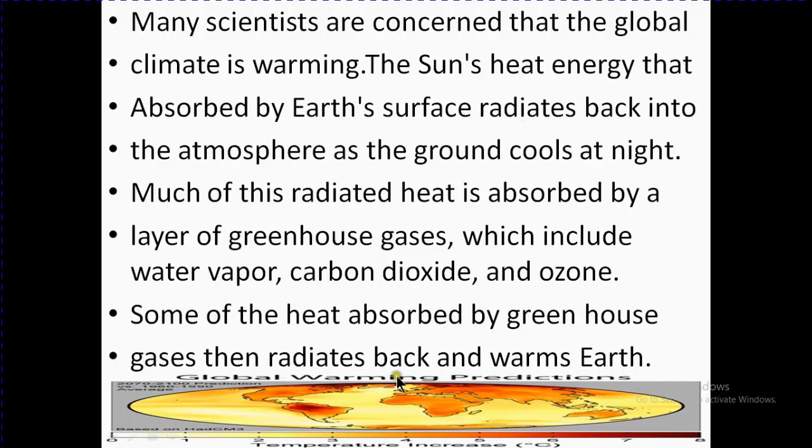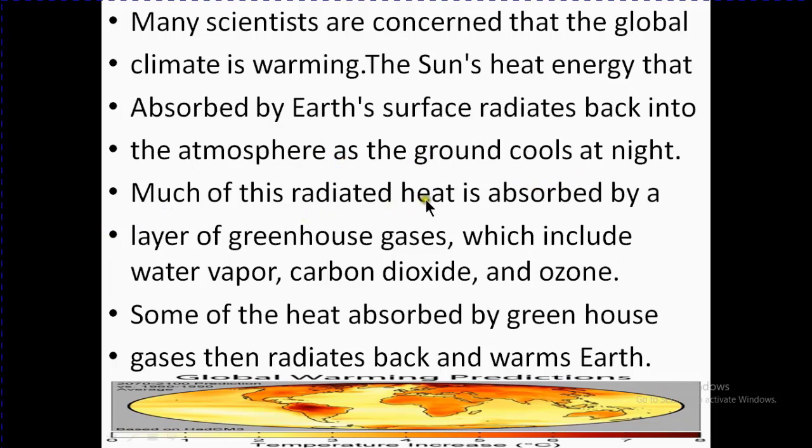In the daytime, due to sunlight, it falls on the earth's surface and is absorbed. But during the night, what happens? The earth emits these radiations back, but instead of going out, they are stopped, trapped or absorbed in our atmosphere as the ground cools at night.